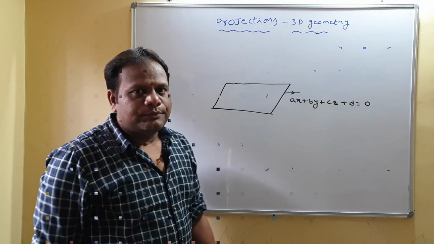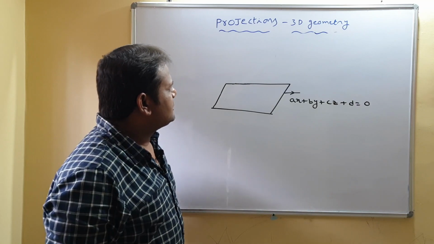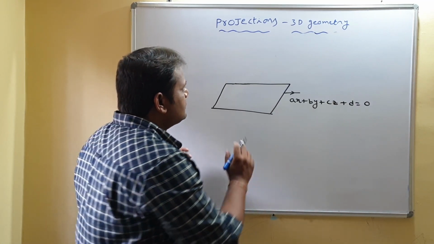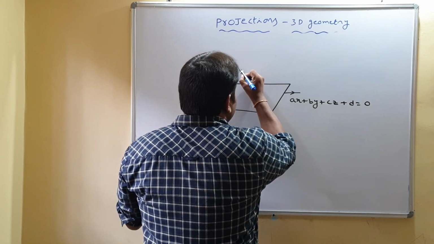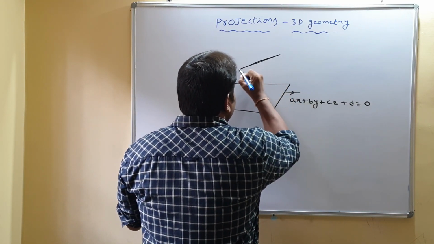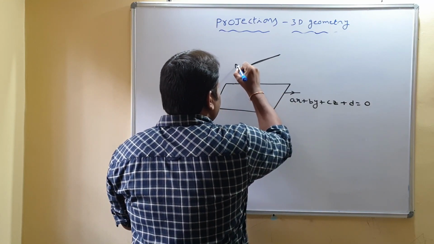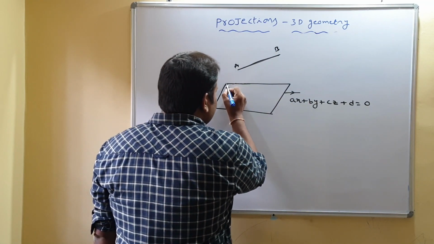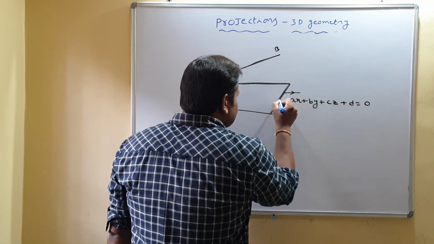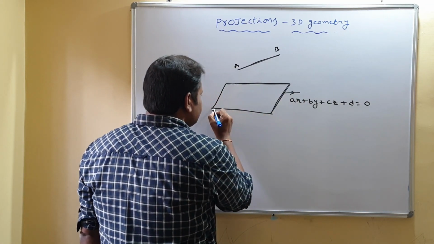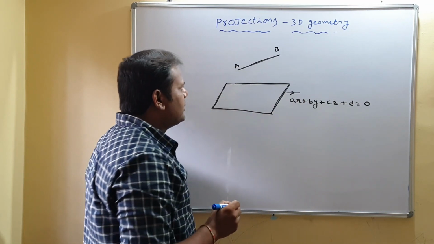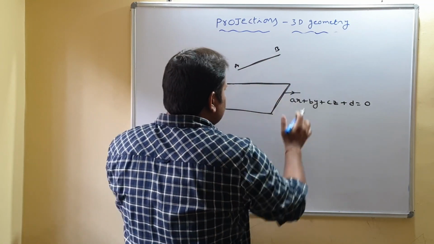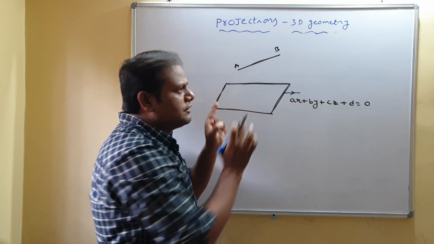See, there is another method to find the projection of a line onto a plane. Suppose this is the given line, the line AB, and this is the given plane. We have to find the projection of this line onto the given plane.